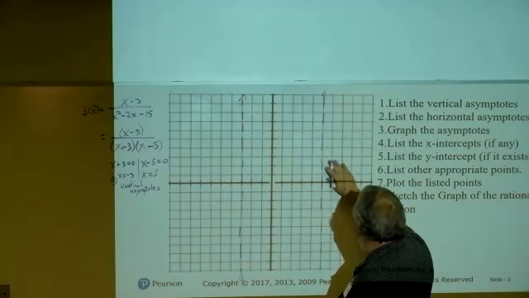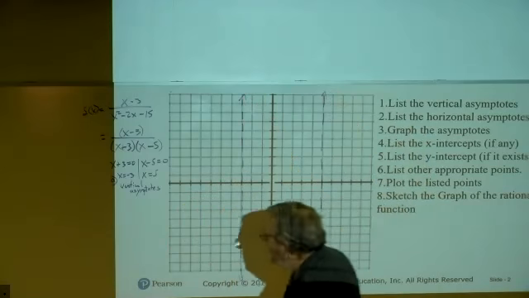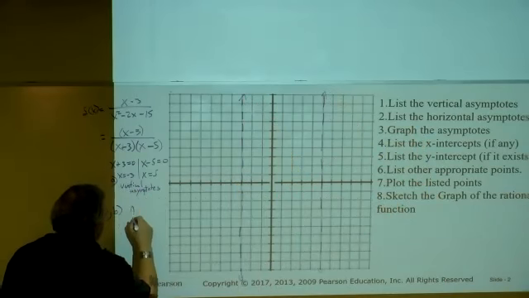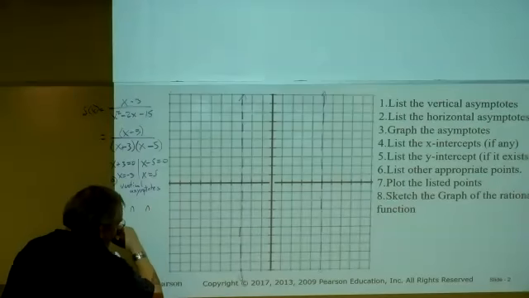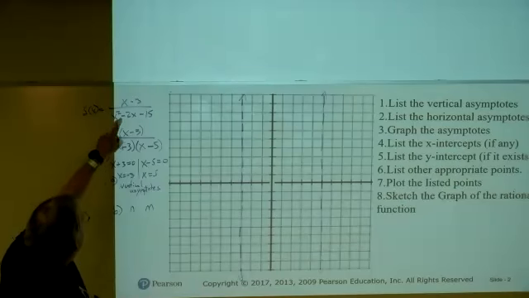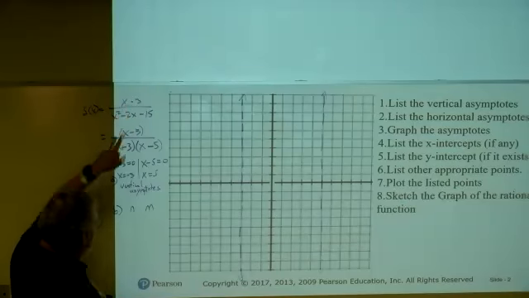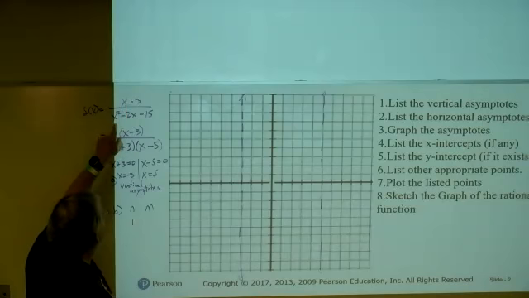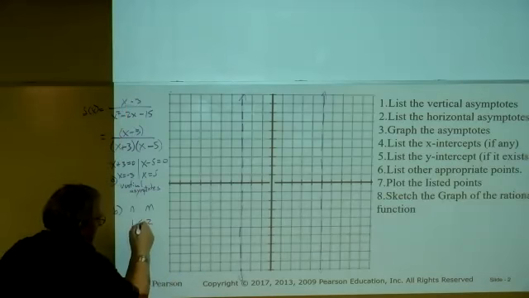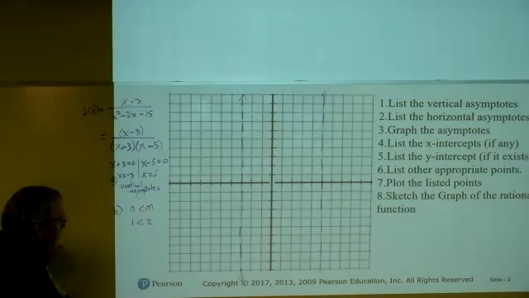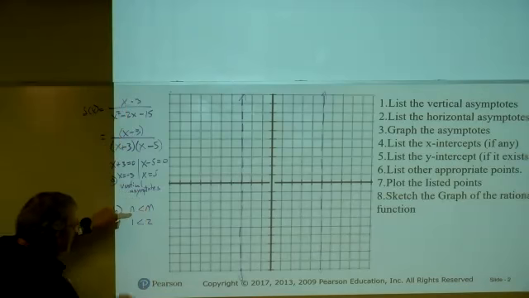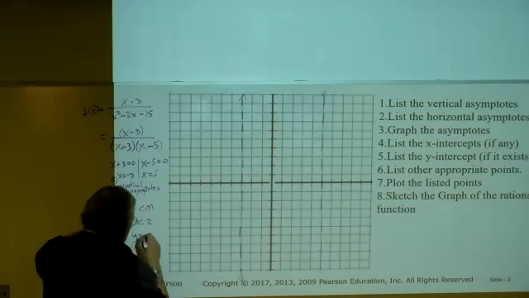And now for my horizontal, for letter B, I look at what n is and what m is. n is the degree of the numerator, which is 1. The degree of the denominator is 2. And 1 is less than 2. When the numerator has the smaller degree, the horizontal asymptote, what is it?